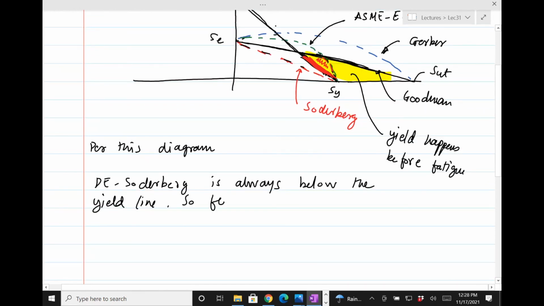So for fatigue, we do not need to check for yielding.